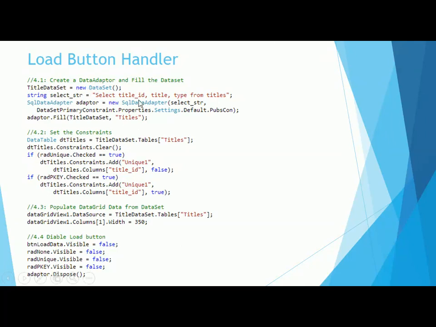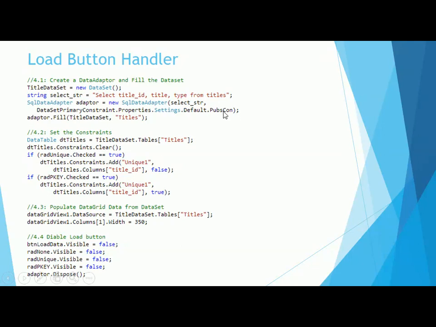Here I am pulling just 3 columns from the titles table of the pubs database. That's our select string. Then we are creating a SQL data adapter, and we are supplying this SQL string as well as the connection information. This is the connection string that is formed through the application settings.